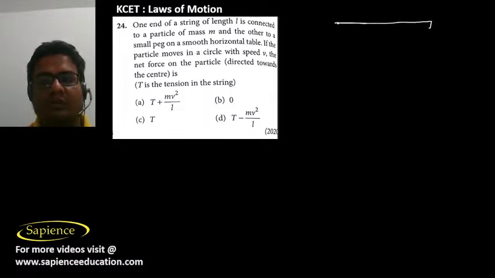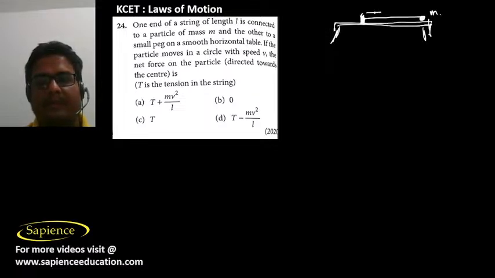So one smooth horizontal table is there, and the string of length L is connected to a particle of mass m at one end and to a small peg at the other.